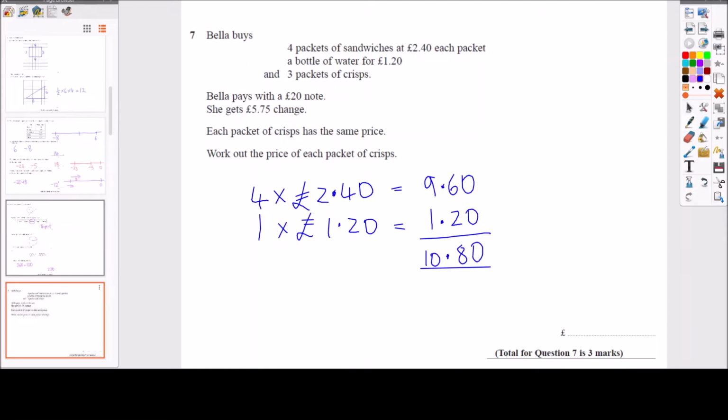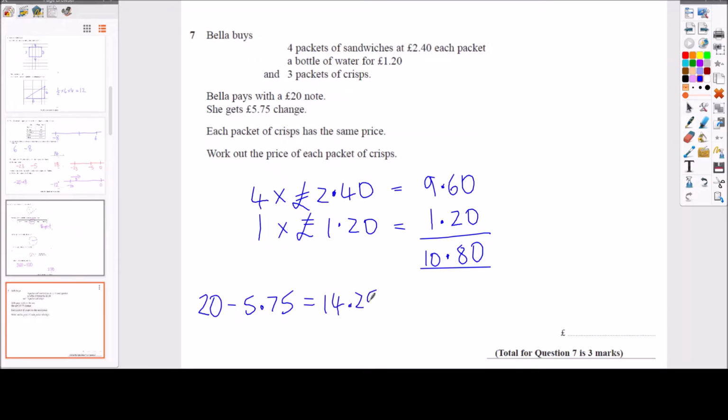Now, she paid with a £20 note and got £5.75 change. So how much does she actually spend? 20 take away £5.75 is £14.25.